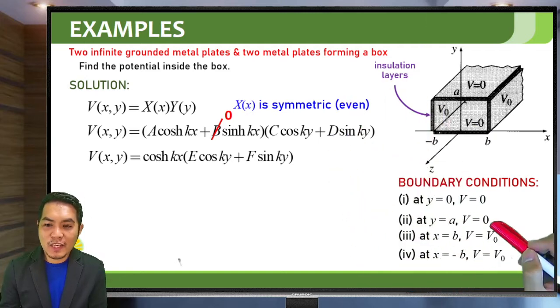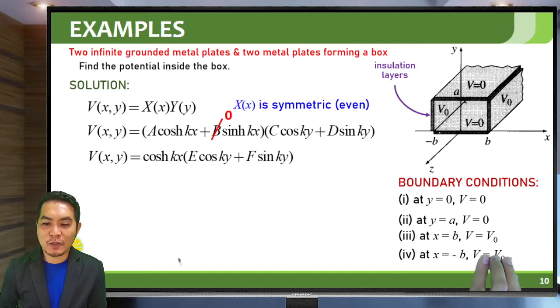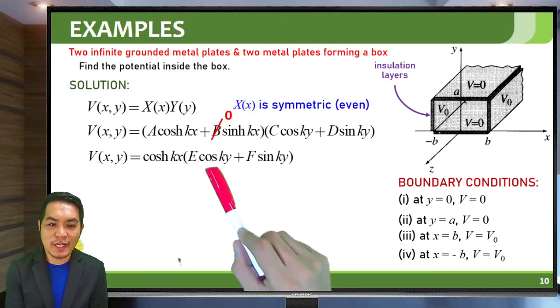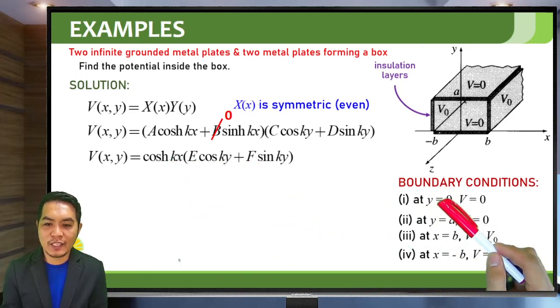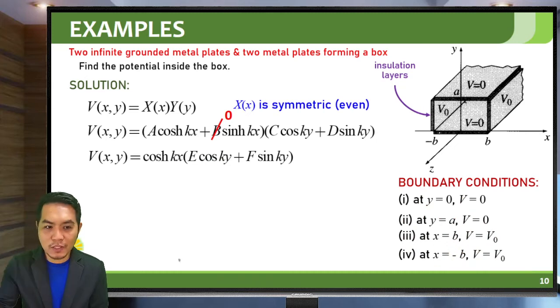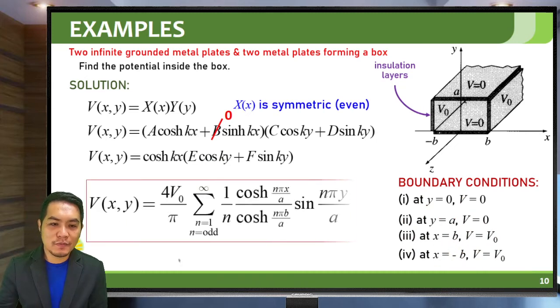So the x is equal to negative b boundary condition is actually unnecessary because of the symmetry. So we only need these 3 boundary conditions. You do that by yourself, and you will get this specific potential for this specific problem.